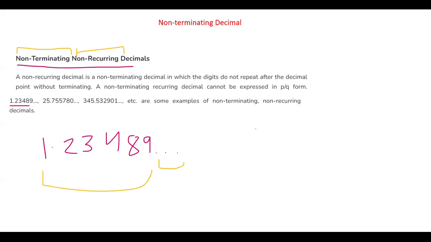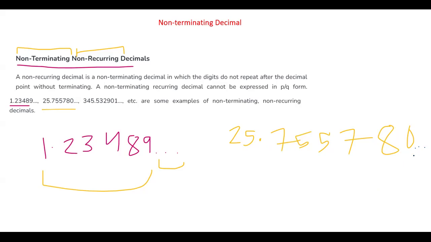Another example we can see is 25.755780. So now we will look at this example. Here we can see the digits are not ending anywhere. We have a so on symbol here, 25.755780.